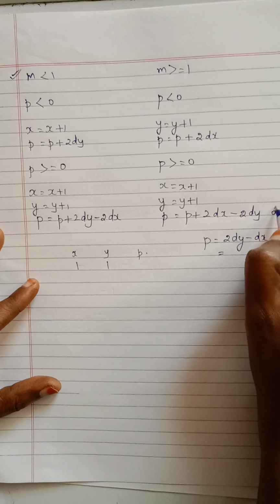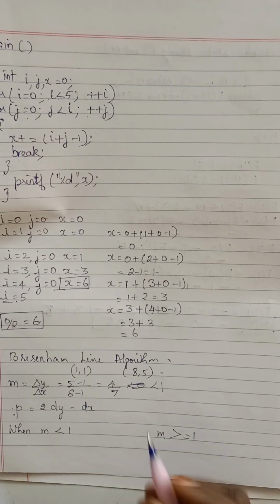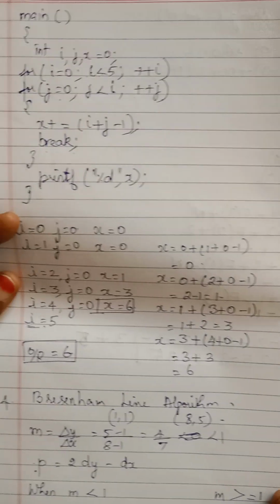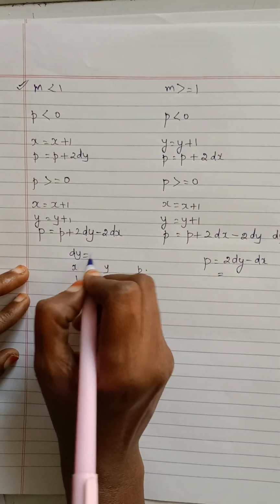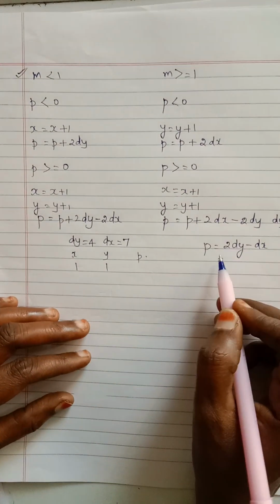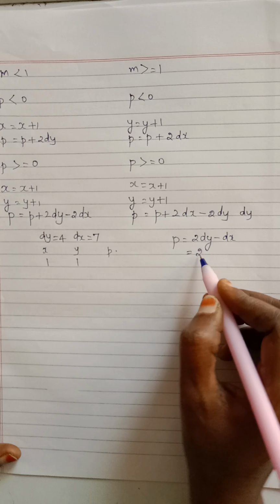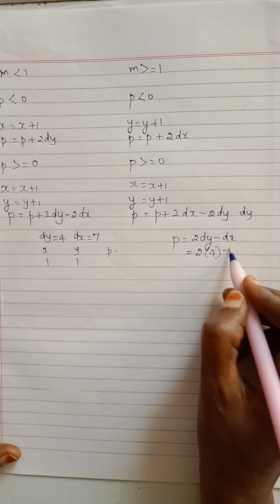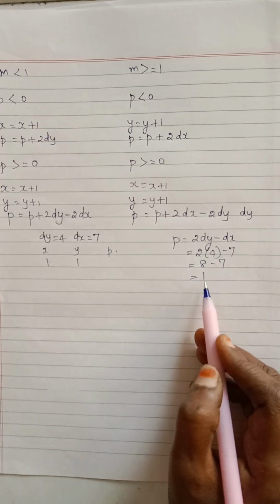We found from the points that dy is 4 and dx is 7. So substitute the values: 2 into 4 minus 7, which is 8 minus 7, which is equal to 1. So the first value of p becomes 1.